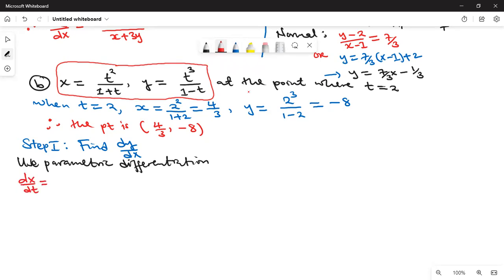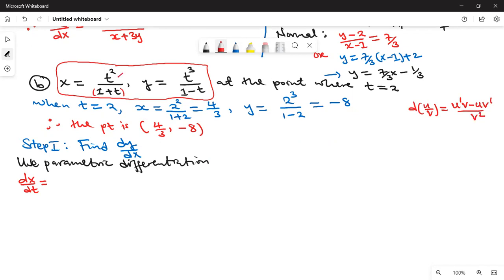dx/dt, how do you differentiate a quotient? Use the quotient rule. The denominator is v and the numerator is u. So you remember, to differentiate u over v, it is equal to u prime v minus u v prime, everything over v squared, quotient rule. So that's what I'm going to use.